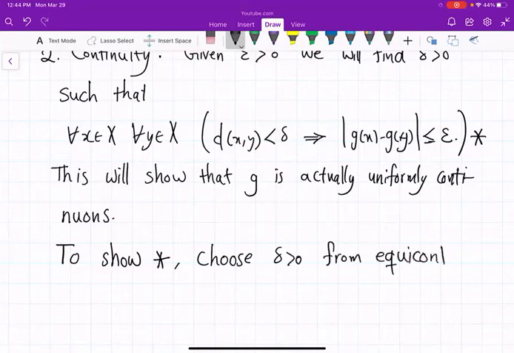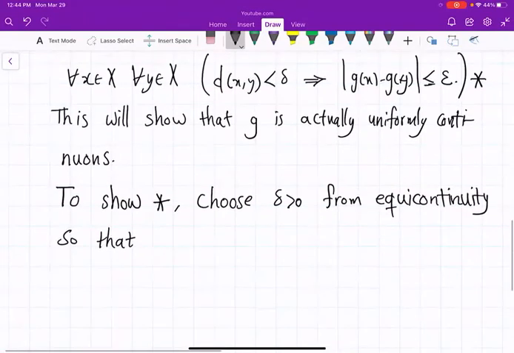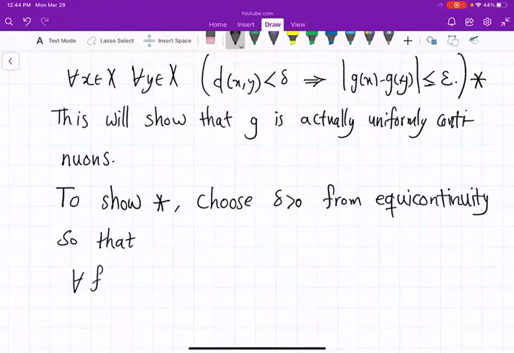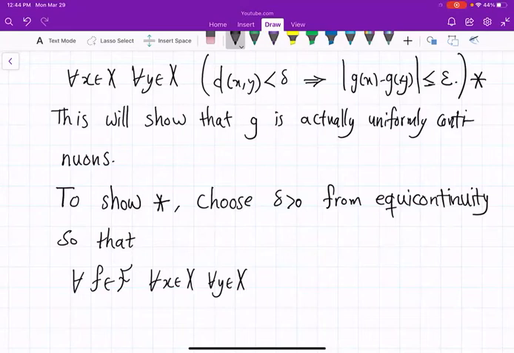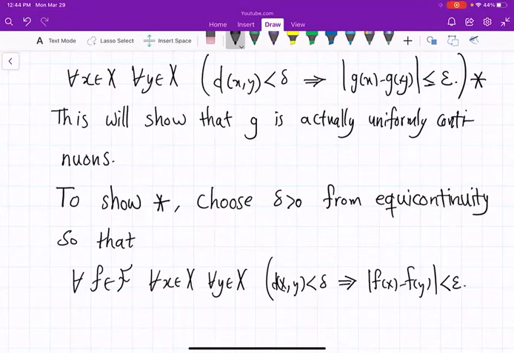Because the family is equicontinuous, there is a delta such that for every f in the family, for every x in X, for every y in X, distance of x, y less than delta implies that f of x minus f of y is less than epsilon. That is by definition of equicontinuity.